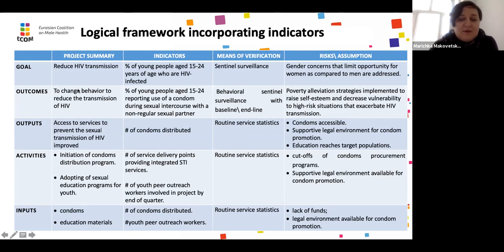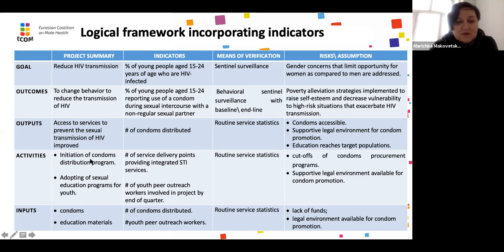For myself, I decided to take the goal of reduction of HIV transmission, and as the inputs, I decided to work with young people, and the inputs in my case were condoms and education materials, because I will design my activities so that I educate young people and distribute condoms, so they will use them in each sexual contact that they have.